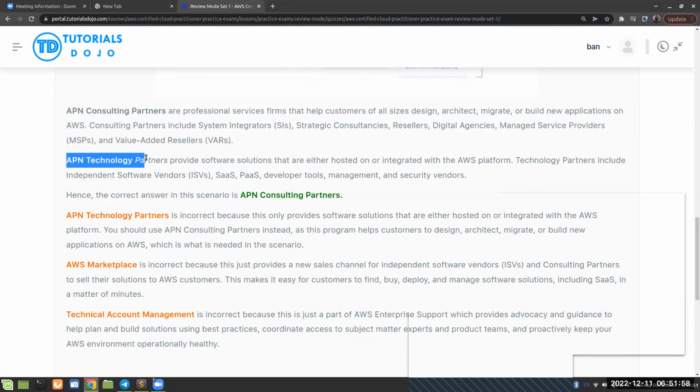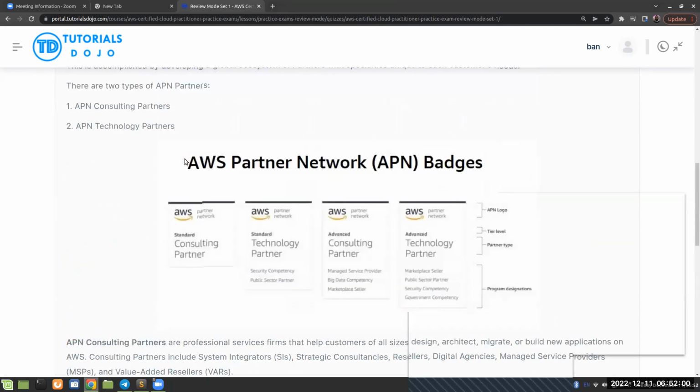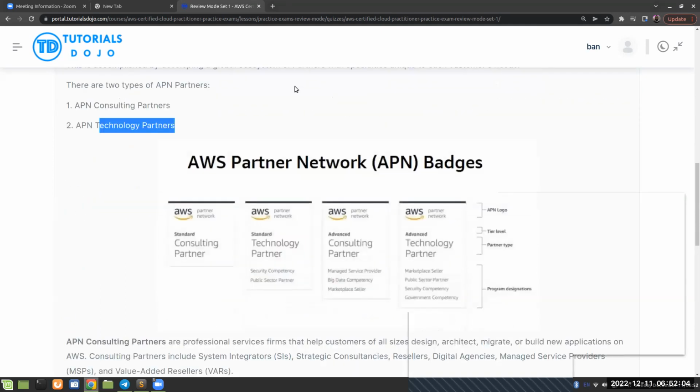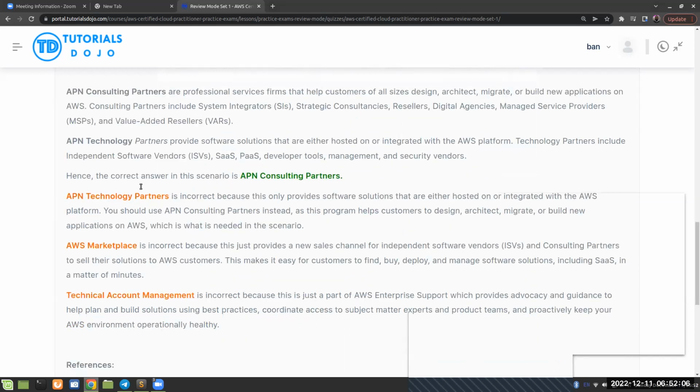The way I remember it is, once I see technology partners, it has to do with software. Technology partners provide software solutions that are either hosted on or integrated with the AWS platform. They include independent software vendors and all of that.